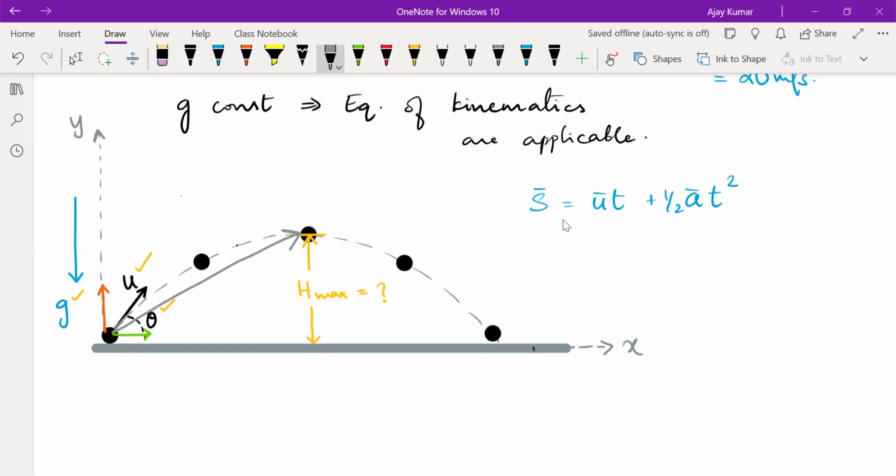We can use Hmax formula, so u square by 2g. Use of that Hmax formula is valid when the object is projected straight up with a speed u. Then the maximum height to which it reaches is u square by 2g. This is a different case, no? So we have to derive a formula in this case now.